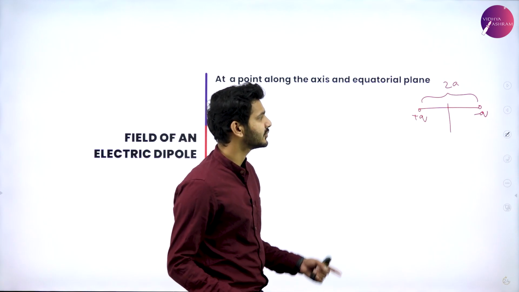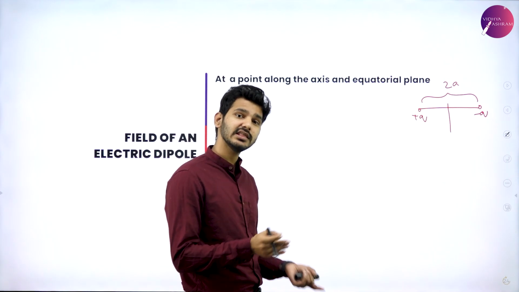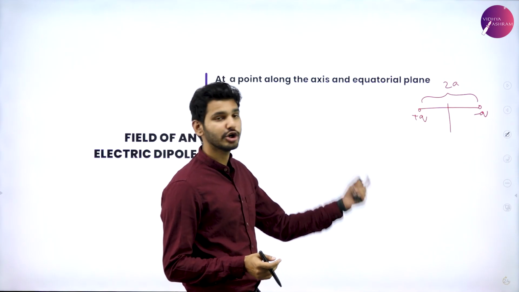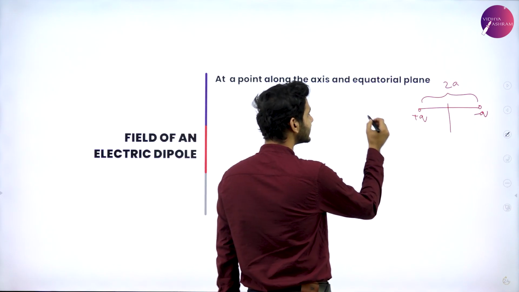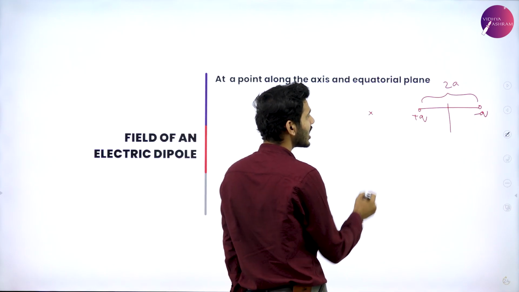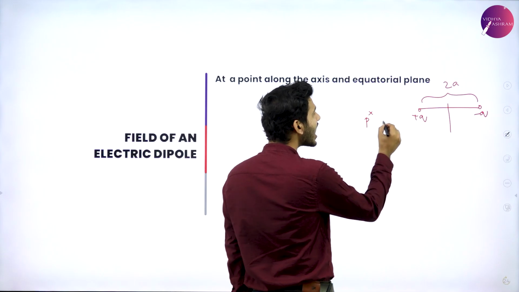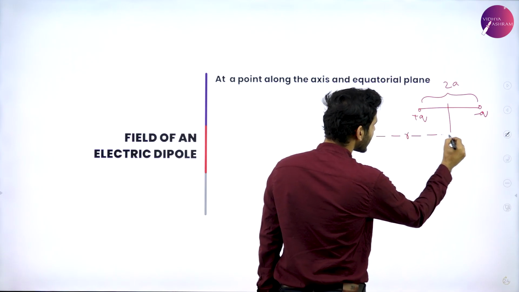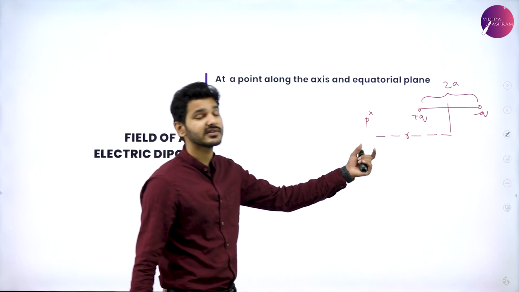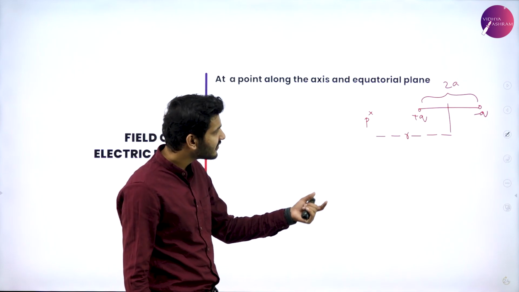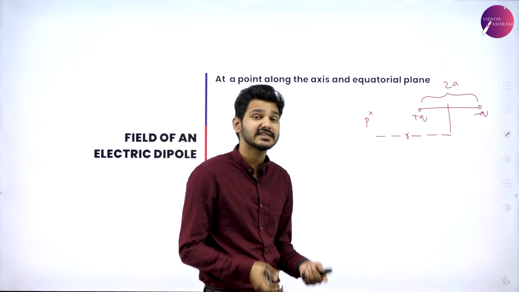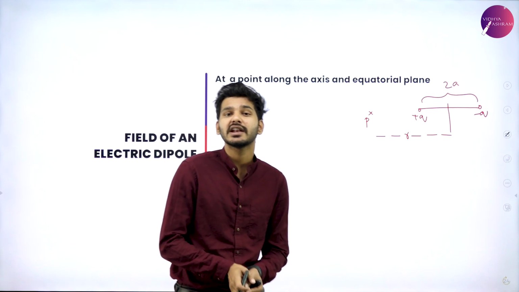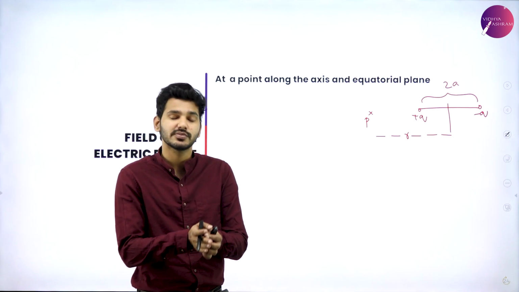So the total distance between the two charged particles, or the length of the dipole, is 2a, and we are going to consider a point P which is r distance away from the center of the dipole. Why are we taking r distance away from the center of the dipole itself? So that we can make our calculations much easier.